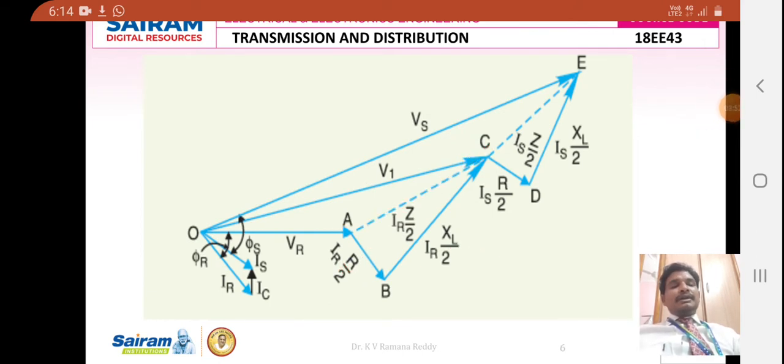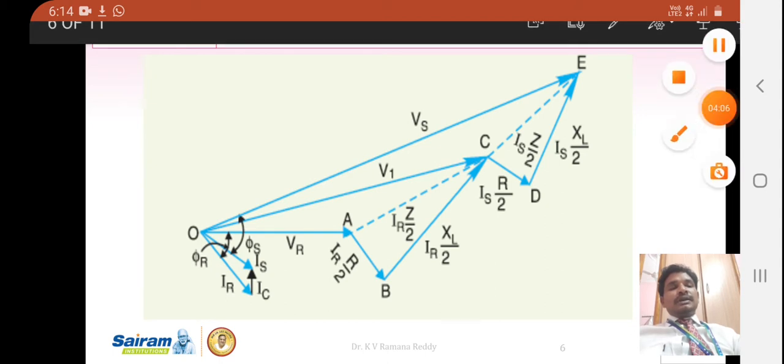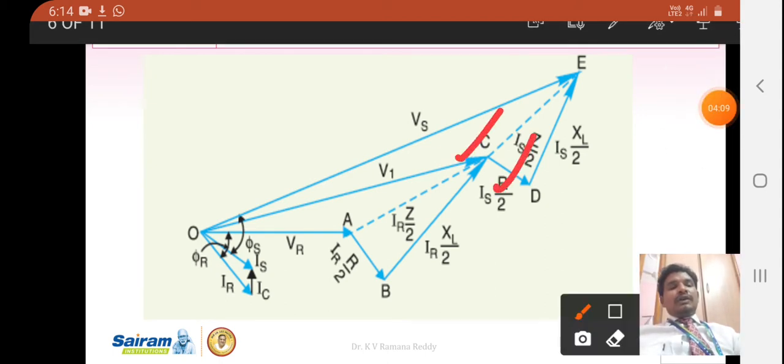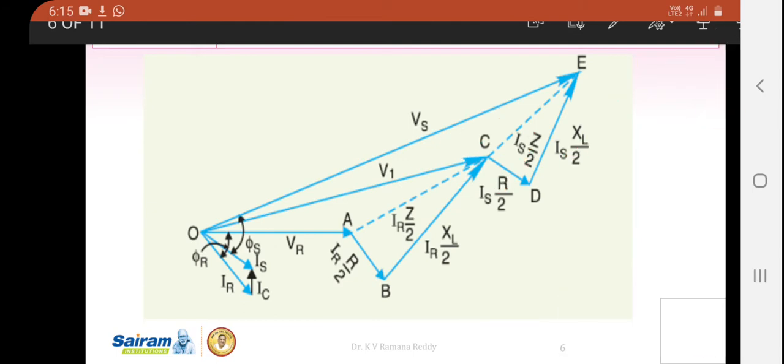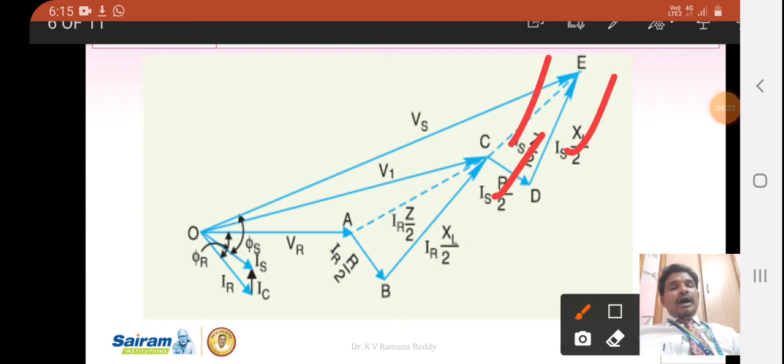Similarly, for the second segment, the current flowing in the second segment is IS. The voltage drop in the second segment related to the resistance is Is into R by 2, which is in phase with V1, and the reactive voltage drop in the second segment is Is into XL by 2, which is at right angles to Is into R by 2. The vector sum of these two voltage drops is the hypotenuse, represented as Is into Z by 2.